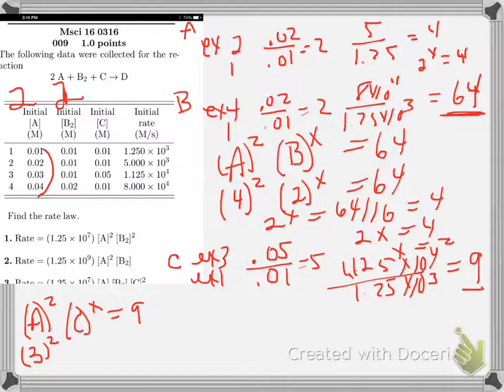C has increased by a factor of 5, so it's 5 to the x equals 9. Okay. So if I look at this, 3 squared is 9. So 5 to the x must have a value of 1 to make their product equal to 9. And anything to the 0 is equal to 1. So this must be 0th order.